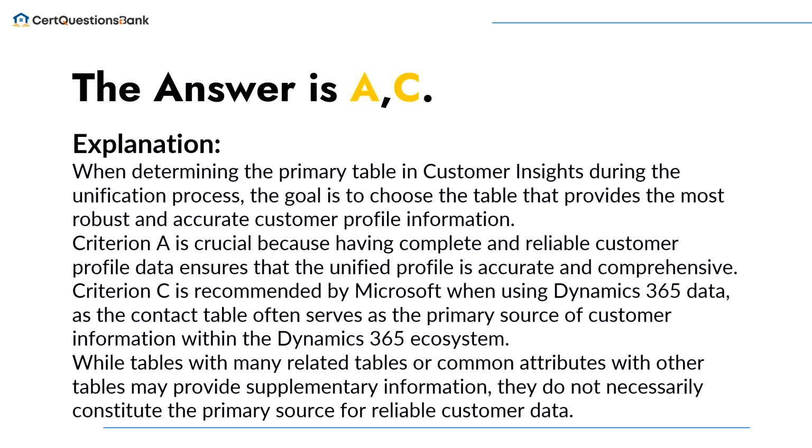Criterion C is recommended by Microsoft when using Dynamics 365 data, as the contact table often serves as the primary source of customer information within the Dynamics 365 ecosystem. While tables with many related tables or common attributes with other tables may provide supplementary information, they do not necessarily constitute the primary source for reliable customer data.